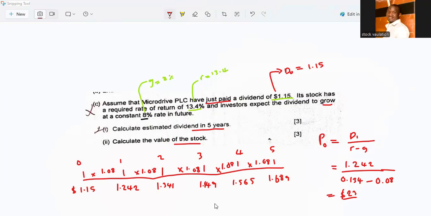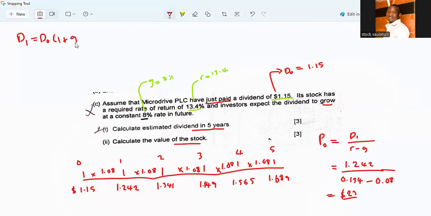Before you proceed, I just joined a bit late. How do you determine the formula for D1, D2, D3, D4? Just briefly run me through how you determine the power to add on top. D1 is given by D0 times 1 plus growth.